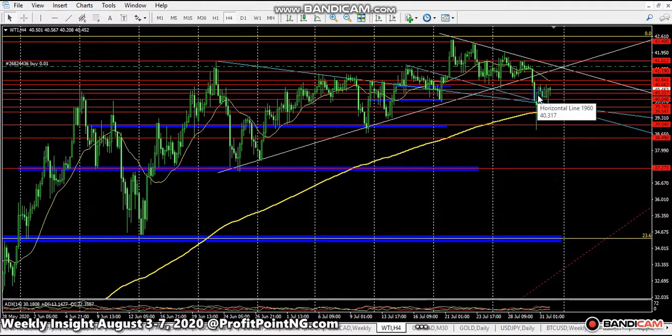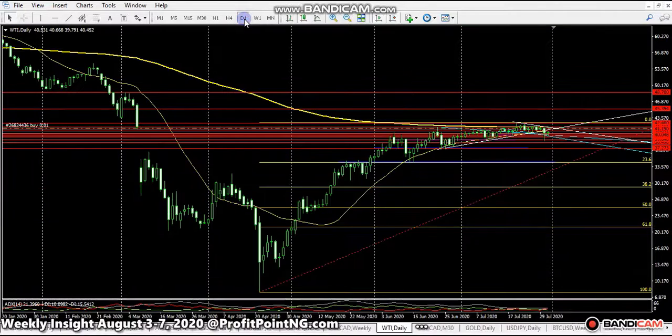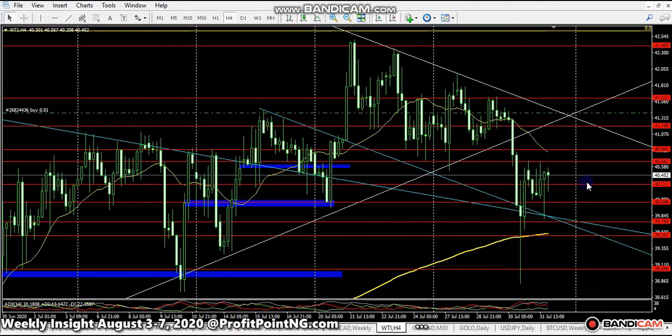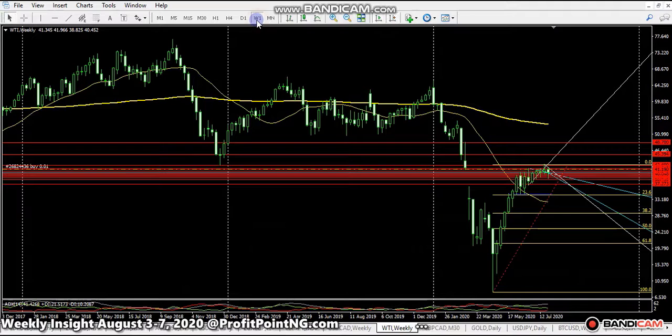And so the key levels to watch now are these on a long-term frame. The key levels to watch now for WTI is, after this movement here, we're looking at a new week. If this new week is able to continue the bullish movement, we're looking at a movement into last month's high, which is July's high of $42 per barrel.